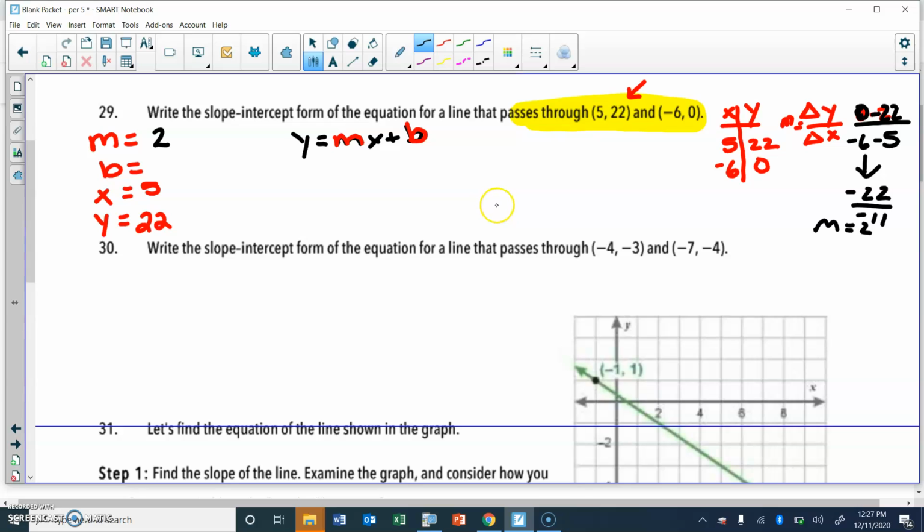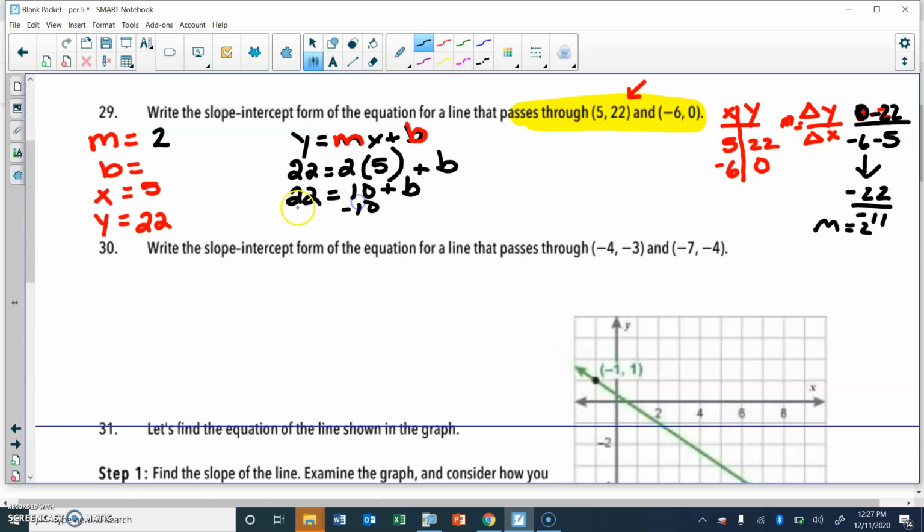My b value now, well, I'm going to have to find it by doing it the way we've been doing it for days now. So you're going to fill in your y with a 22. You're going to fill in your m with a 2, your x with a 5, and your b, well, we don't have one. That's what we're finding out. So this is just substitution. Now we're going to bring down the 22 on the left side. We have 10 plus b on the right.